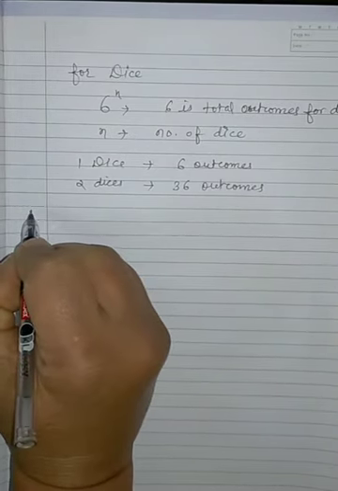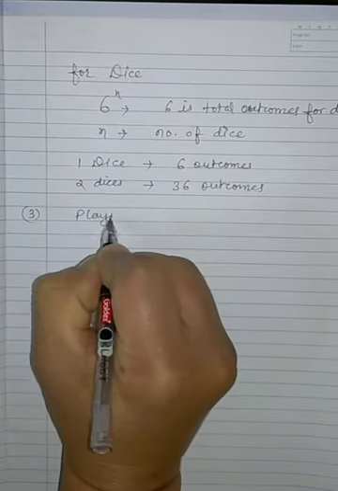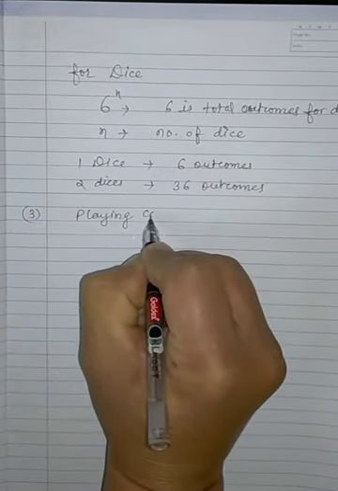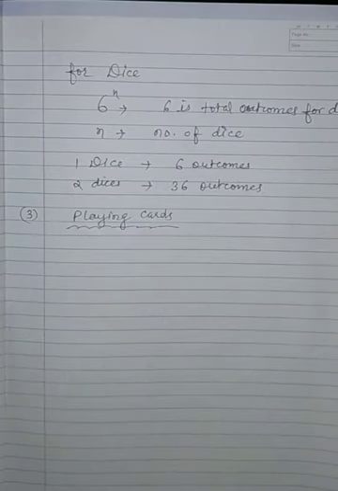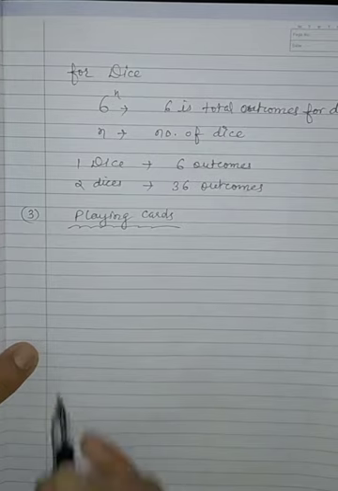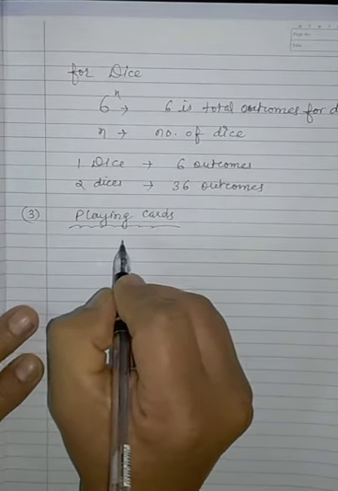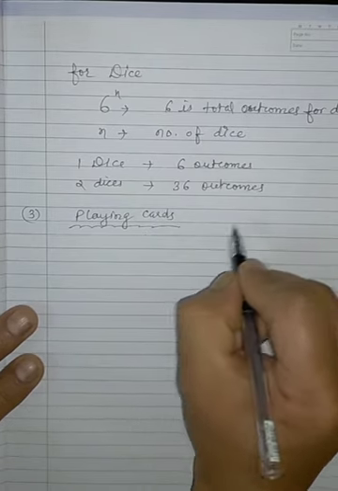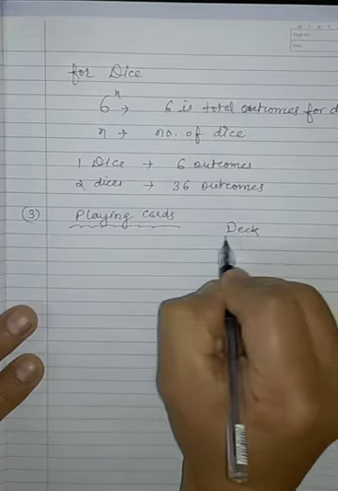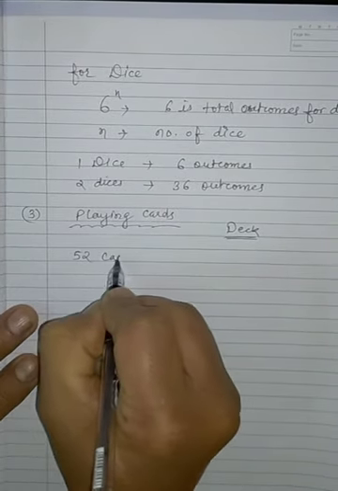The third case which I am telling you here is playing cards. You all must have seen playing cards if you have not played. In a pack of cards, which is called a deck of cards, there are 52 cards.